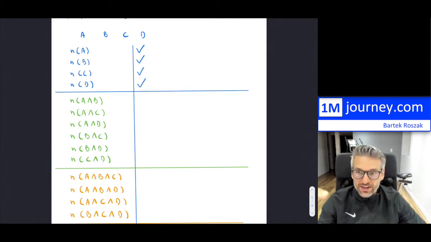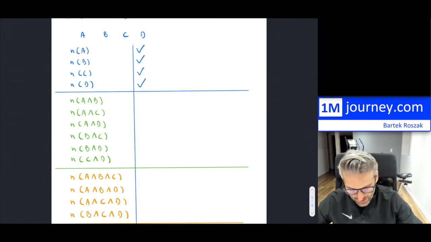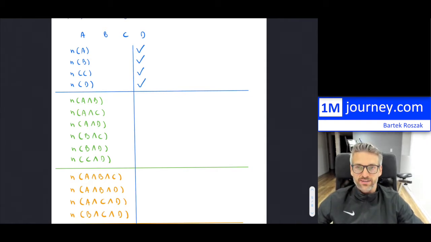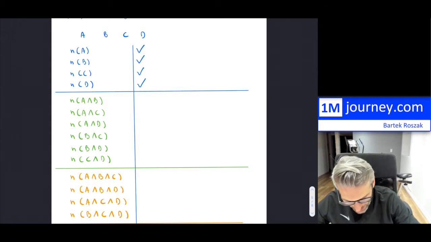Now, if I add all of these, then clearly I've counted twice the other ones, or sometimes even more, as I keep going along. So if I do this, definitely the other ones got counted again. So how do I approach this? I'm going to do this one by one.